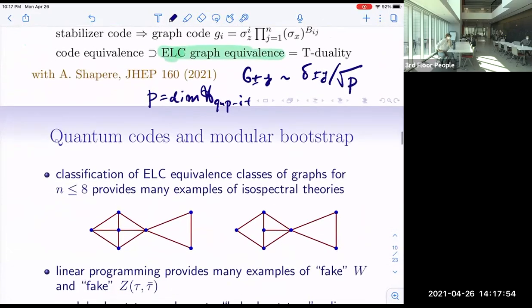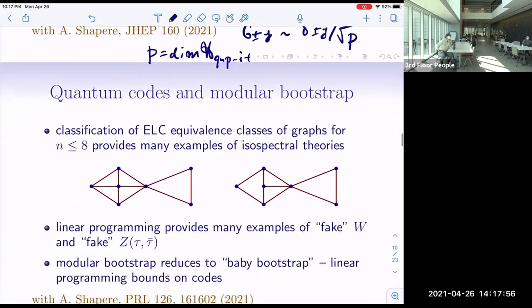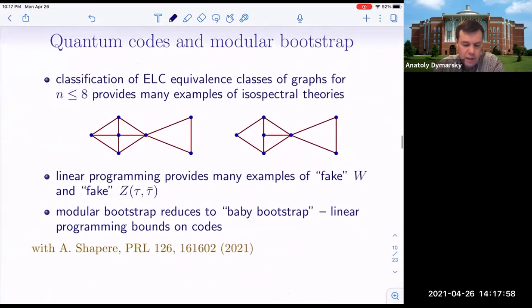Okay, let me move forward and give you some interesting results. So basically, the part of the story which I went very quickly through was that these code Narain theories can be parameterized by graphs. And that goes in with graph codes in the quantum information theory.